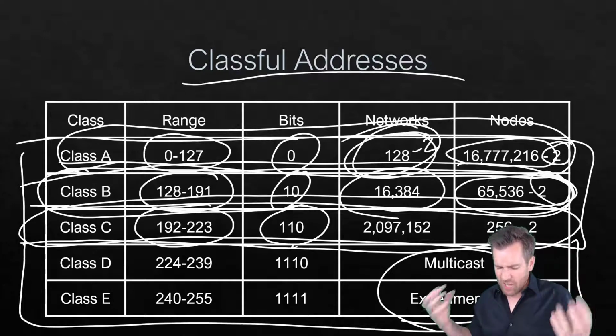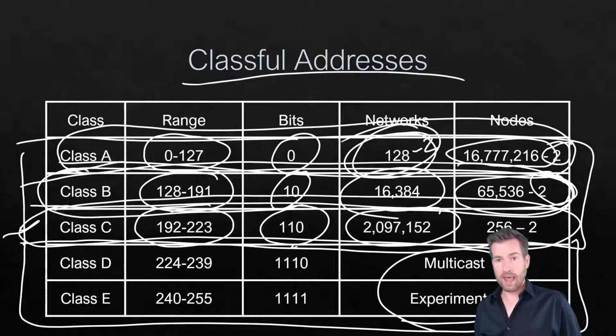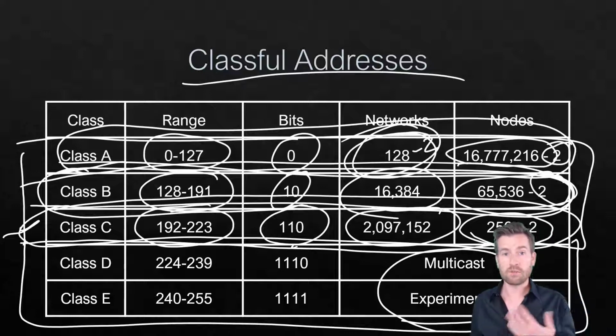So we have a ton more networks that we can represent. Over 2 million networks in this right here for a Class C. And then for each one of those networks, we only have the possibility of 256 minus 2 nodes that are on there. So we only have 254 usable hosts on those networks.